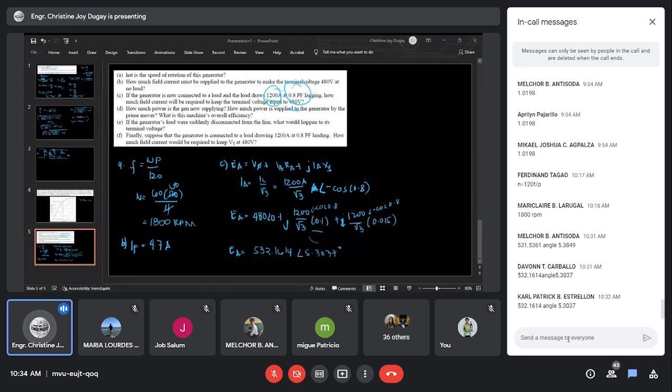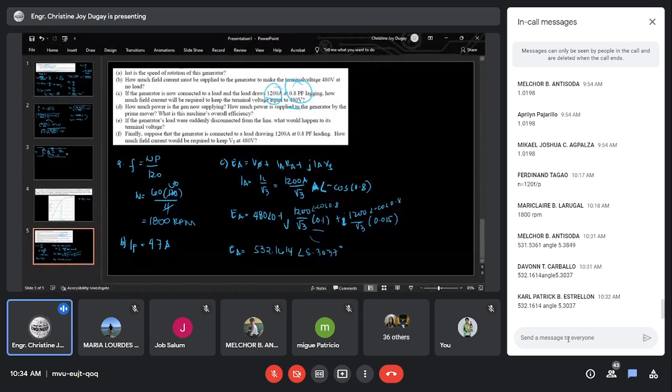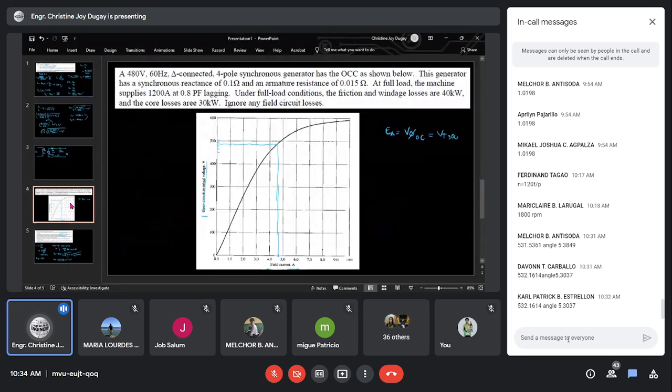Ayan, no? So if that's the case, meron na tayong value ni EA which is 532. So pwede na po nating tignan dito sa may eto. Ayan. So if that is 532, probably it could be 550. Probably nandito, no? Ayan. Sorry for not having a straight line, no? So if ibababa niyo siya.